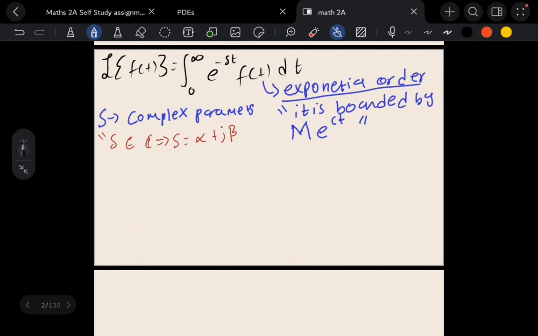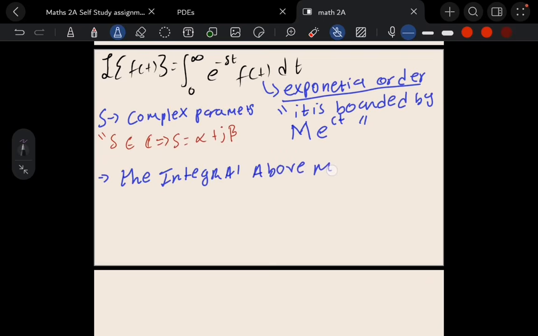And for this to work, the integral above must converge as t approaches infinity.